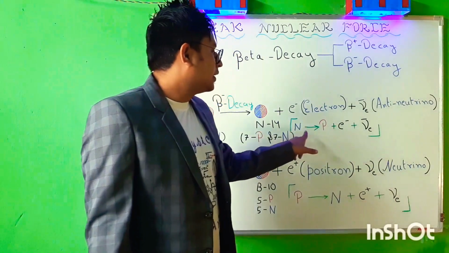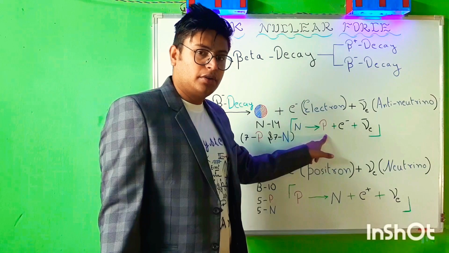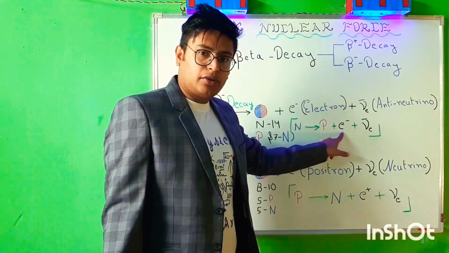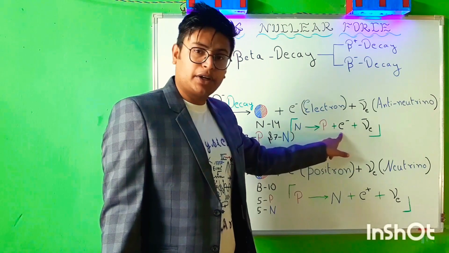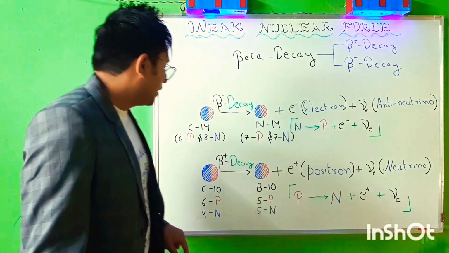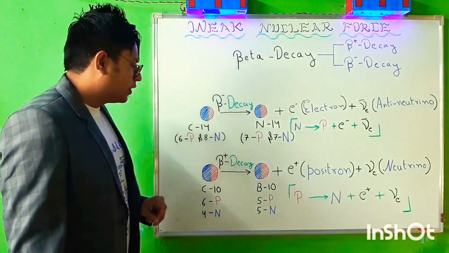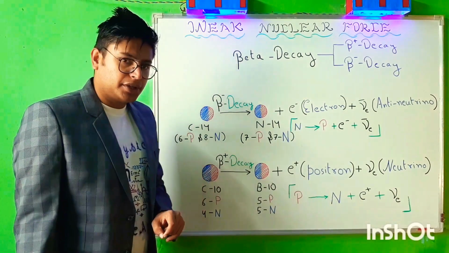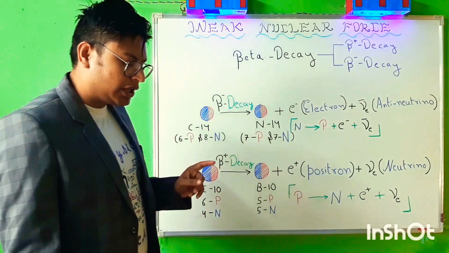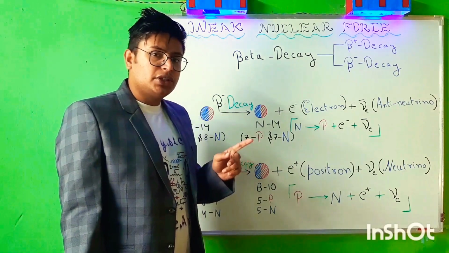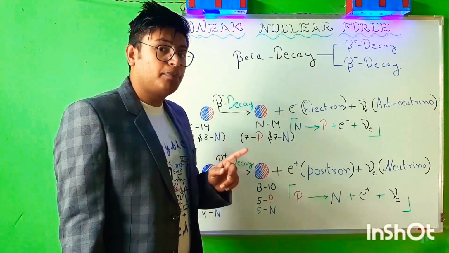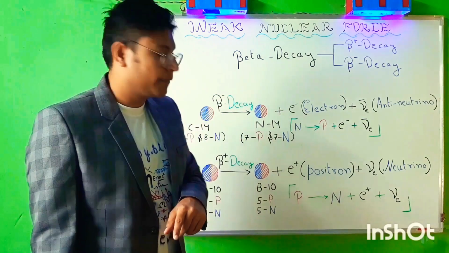A neutron changes into a proton, an electron, a beta minus particle, and the antineutrino. And then we come to beta plus decay. Just like in beta minus decay, where a neutron was changing into a proton, in beta plus decay, a proton changes into a neutron.